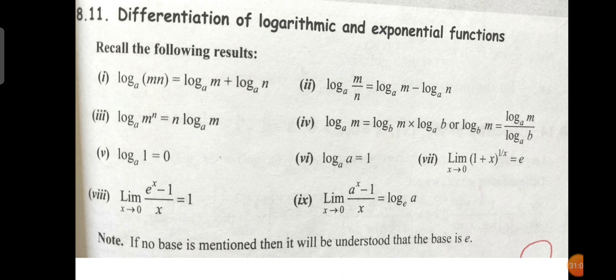These three are the exponential function limits, and limit as x tends to 0 of a raised to x minus 1 by x is log a to the base e. If the base of the log function is not mentioned, then it is e. Log to the base e, always the base is e.